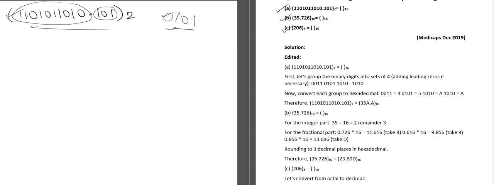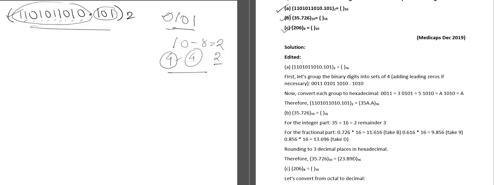In this case, the number of bits given here is 1, 2, 3, 4, 5, 6, 7, 8, 9, 10. But we can't make groups of 4 bits from 10 bits. From 10 bits we can make one group of 4 bits, then another group of 4 bits, and then 8 bits are taken out, so the number of bits left will be 2.